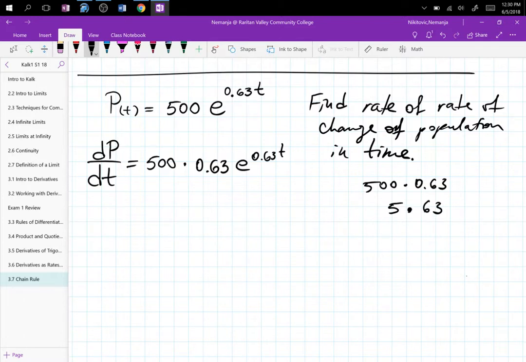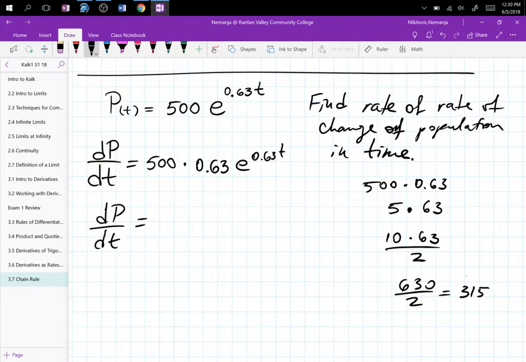That's the equivalent. And now, instead of multiplying 5 times this, which you could, it's much better to multiply by 10 and then divide by 2, because it's easy to half in our heads. So 10 times 63 is 630, divided by 2 is 315. So dp dt is 315 e to the 0.63 t.